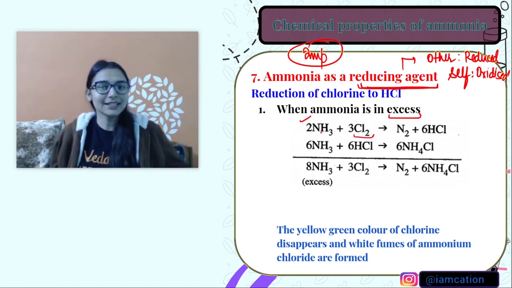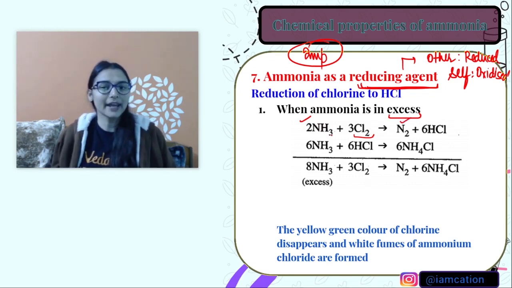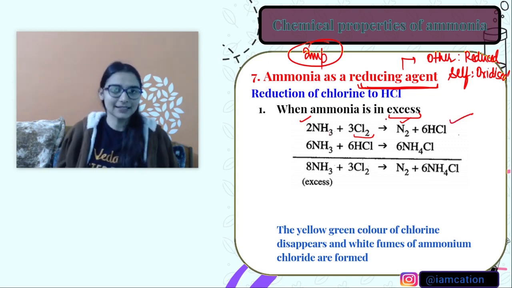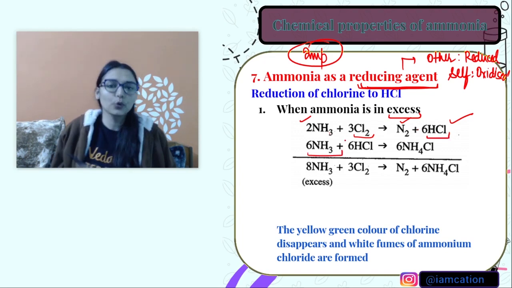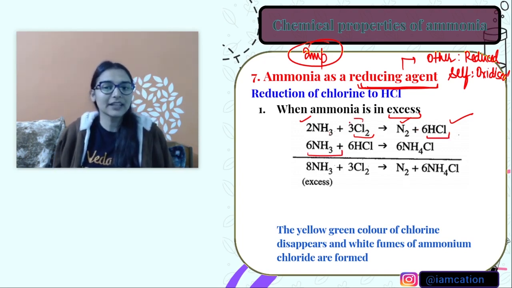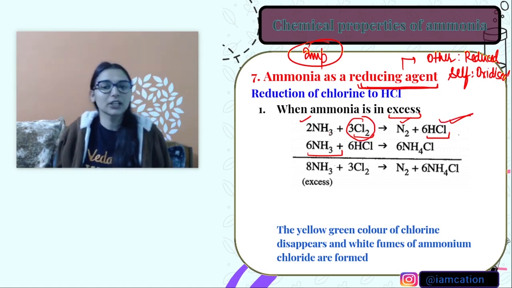Now what happens here? 2 nitrogen release nitrogen gas, and 6 hydrogen combine with 6 chlorine and give you 6 HCl. This HCl is further reacted with ammonia. So we are converting all of the chlorine into hydrogen chloride first, then that hydrogen chloride is used to further react with ammonia and then we get ammonium chloride.